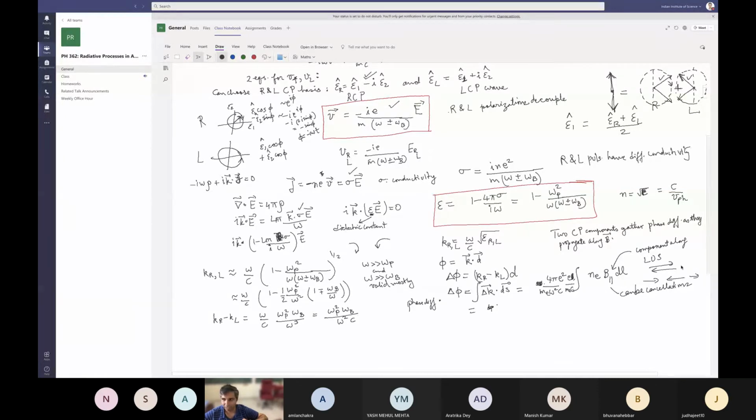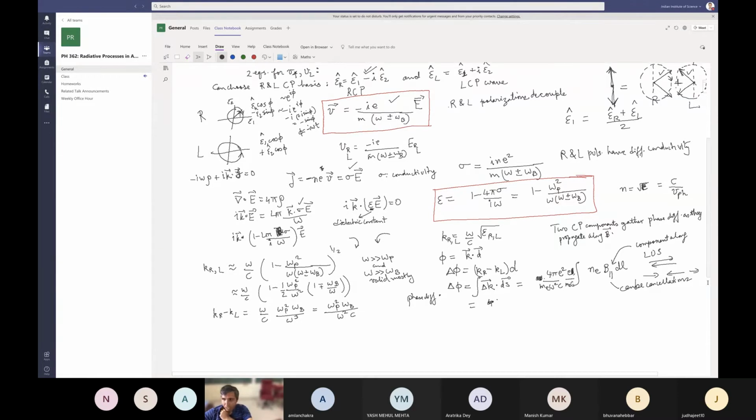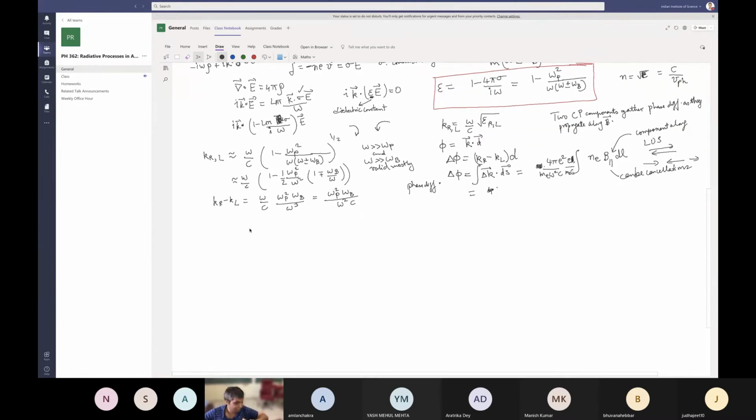Right, so this is the phase difference introduced between the L and R circularly polarized components of a linearly polarized light. It's proportional to the number density times the B parallel integrated along the line of sight. Okay, so if you have a phase difference of delta phi, so let's see. So you have these.